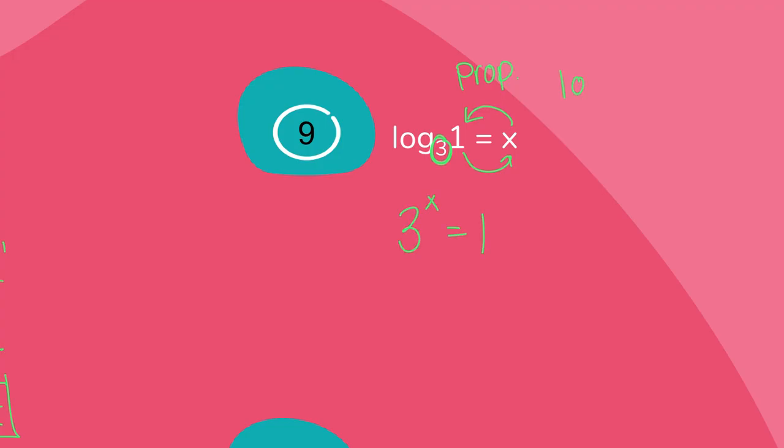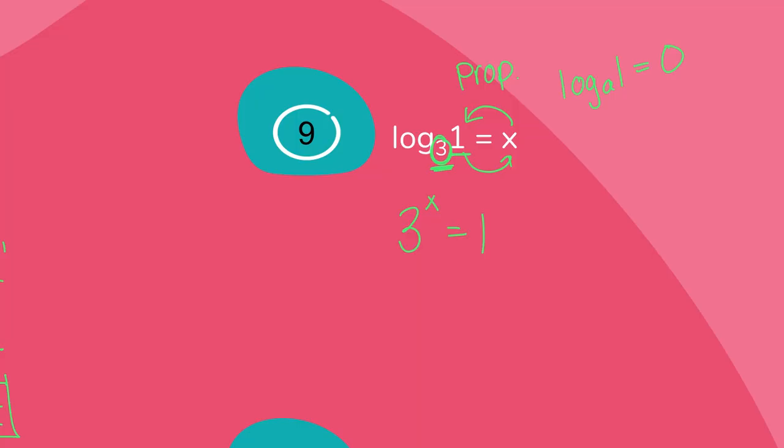Property was log base a, meaning any number. Let me go ahead and change that to an a. Log base a of 1 equals 0. This is my property. So what does that mean? Any number that's down here, log base a of 1 is going to equal 0. 3 to the power of what equals 0?